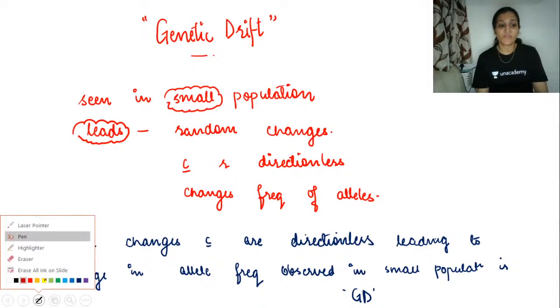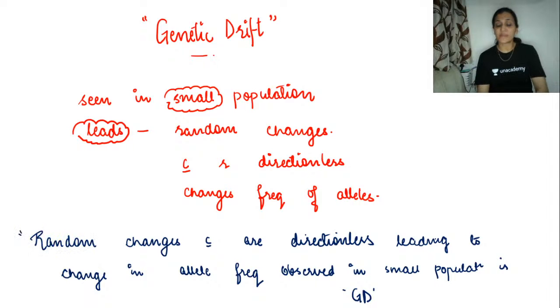So just a very quick revision for those who are attending the class from mid. Genetic drift is seen in small populations. Do not forget that it occurs in small populations. It is completely a matter of chance. It is random. Then it is directionless. There is no specific direction in which it is going to move, and there is a change in the frequency of alleles.